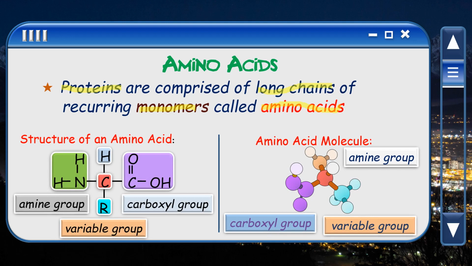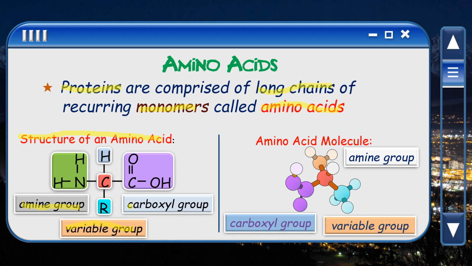When we look at the structure of the amino acid, you will see that it has an amine group, which has nitrogen and 2 hydrogen atoms. It has a variable group, which keeps on changing, and then hydrogen.